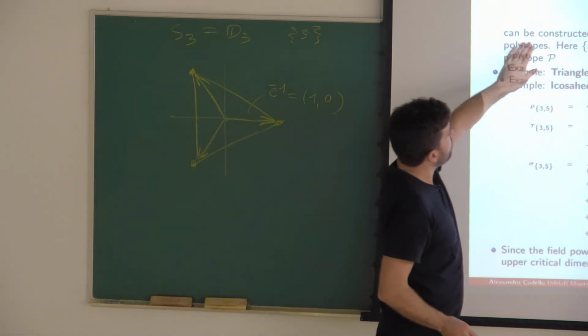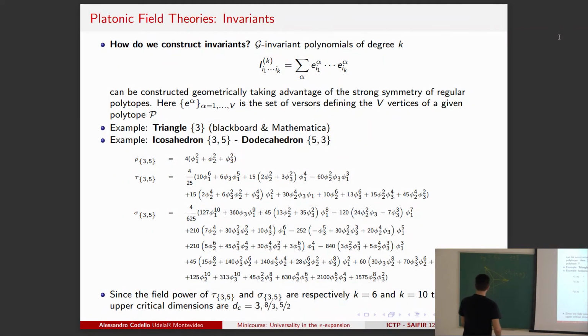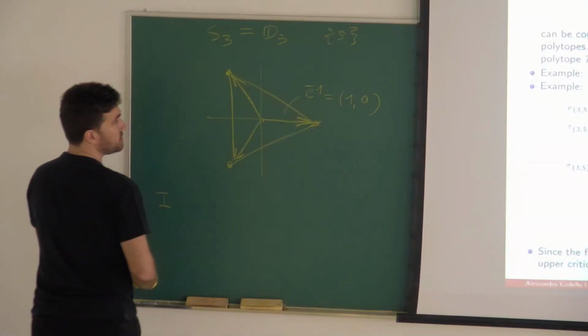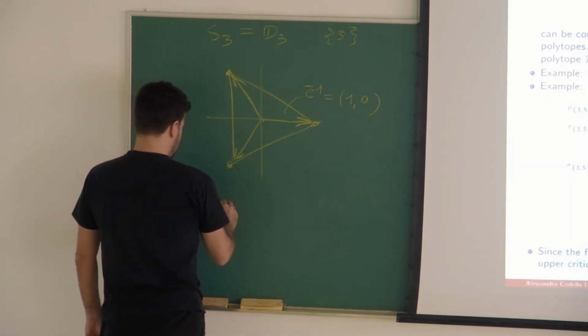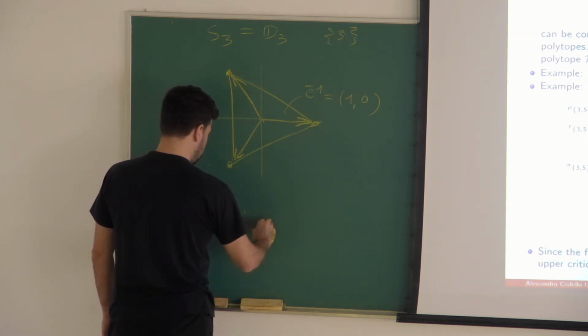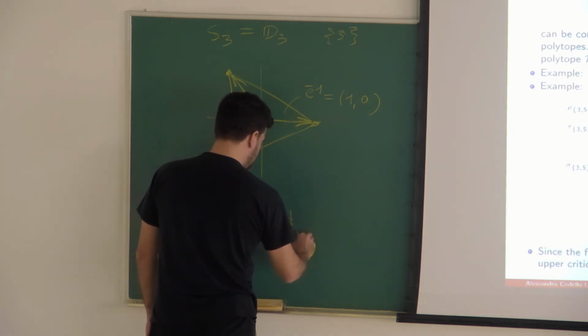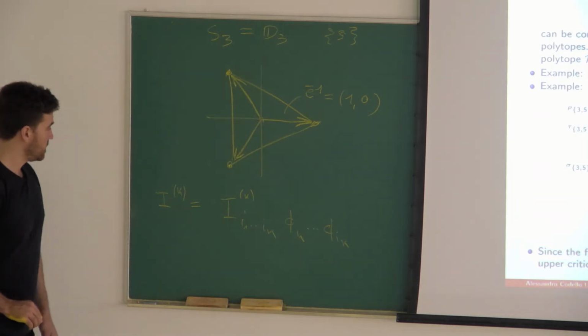So then we just construct these quantities. Okay, and in particular, what I want to say is that one invariant, which I write there, of order k, can be constructed by taking these combinations I1 to Ik and contracted with my fields. Okay?